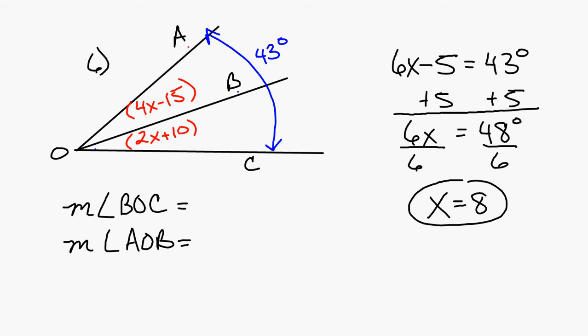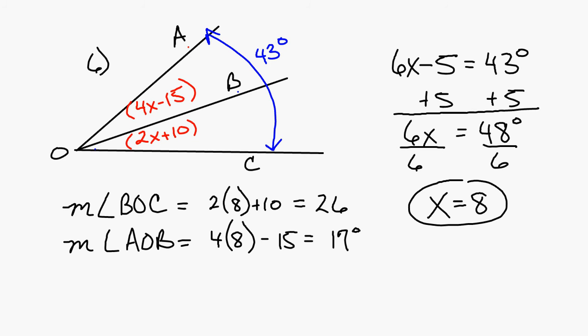So BOC is this bottom one, so we're going to take 2 times 8 and we're going to add 10 to it. 2 times 8 is 16, plus 10 is 26. And on the top, we got 4 times 8 minus 15. 4 times 8 is 32 minus 15. 17. Good.